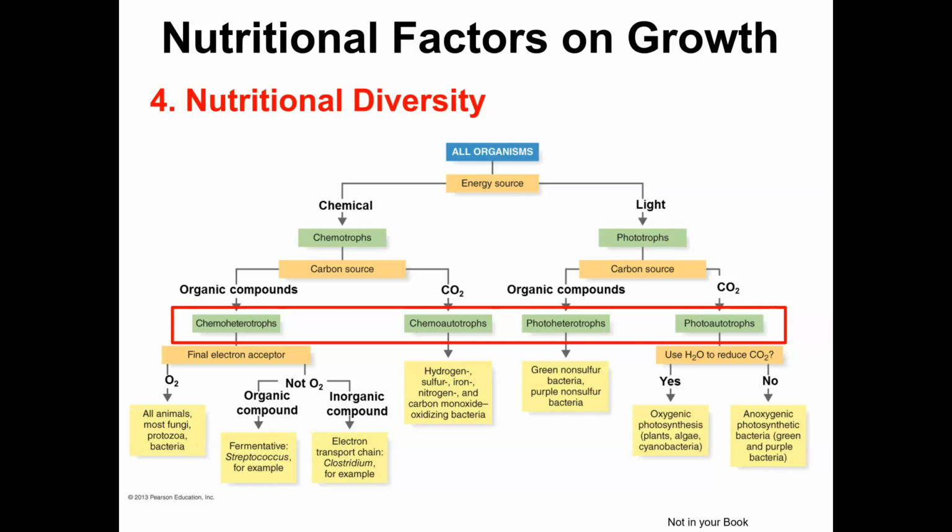All right, so if energy comes from the sun, you're a phototroph. If energy comes from chemical reactions, you're a chemotroph. Okay, look at carbon source, right? Two sources.